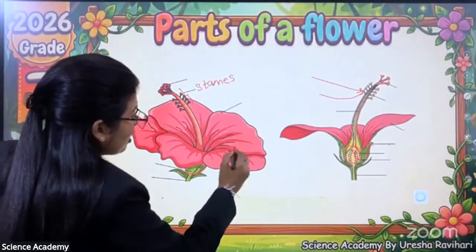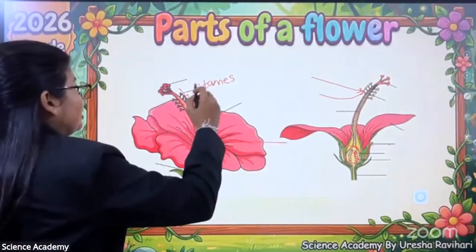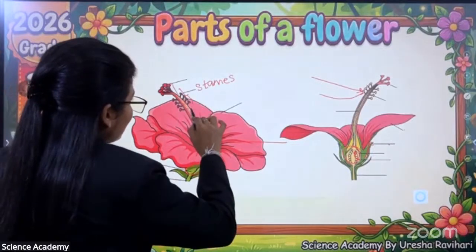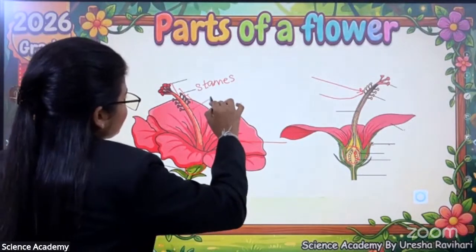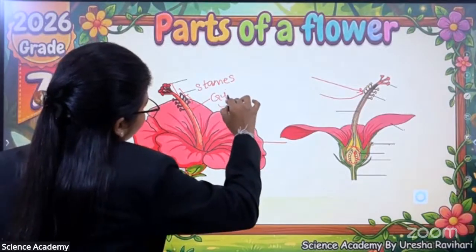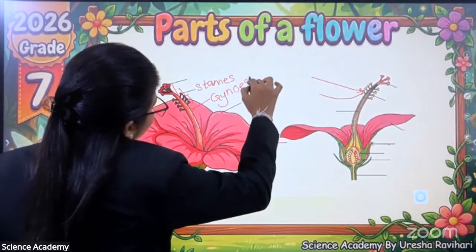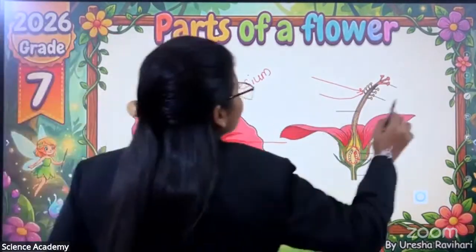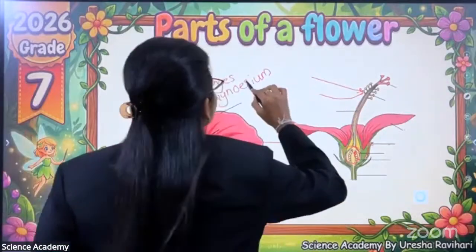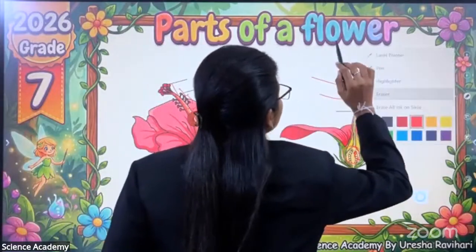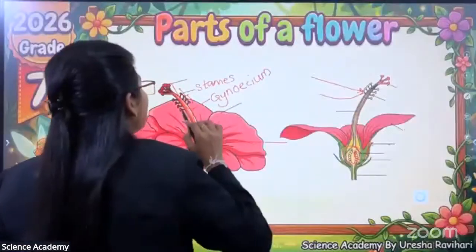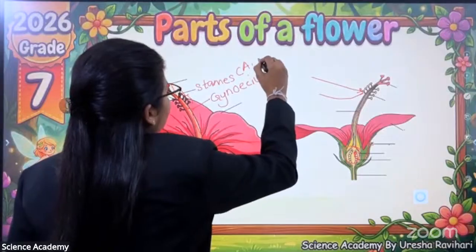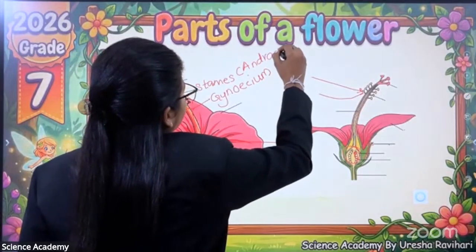Sepals, petals, and then together gynaecium and androecium.